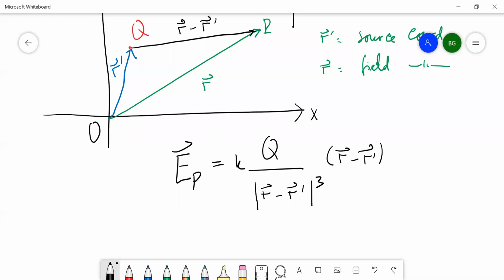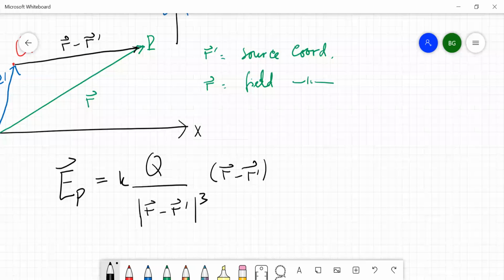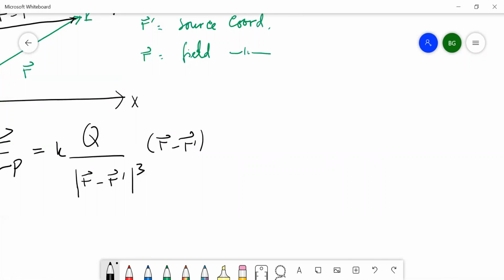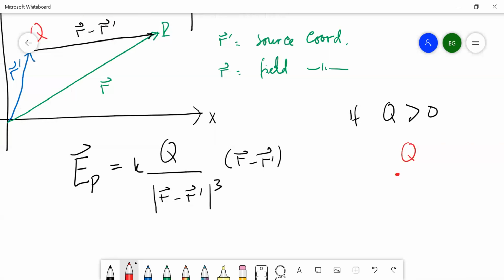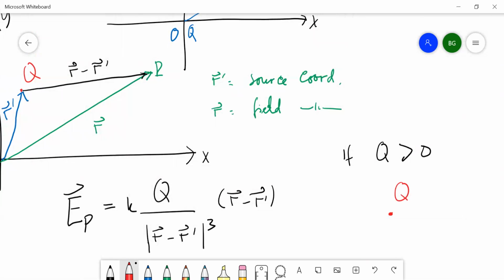So if the Q is positive, this will give us the direction of the electric field.